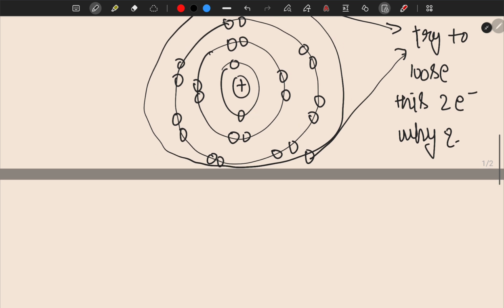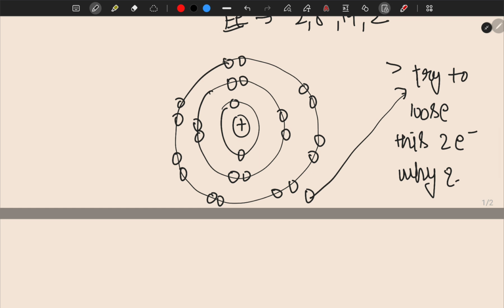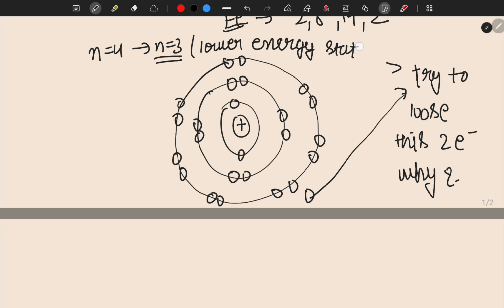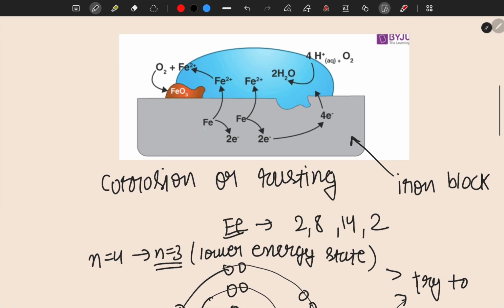Because if it loses these two electrons, it will erase this shell completely, and from n equals 4 we go to n equals 3, which is a lower energy state, because as you know n is a quantum number which corresponds to energy. So we are at a lower energy state, and that is good for an element if it can come to a lower energy state. The same thing is happening here.